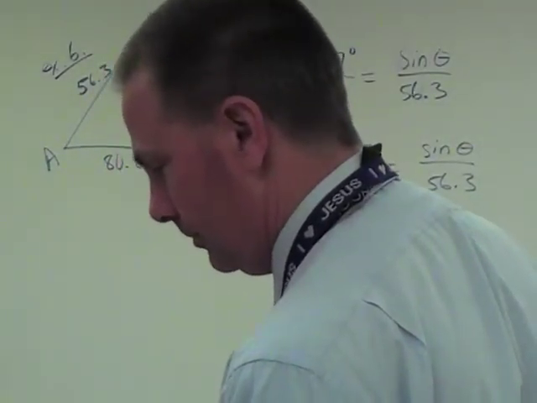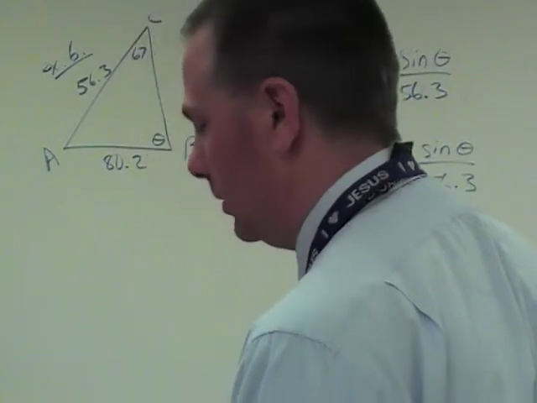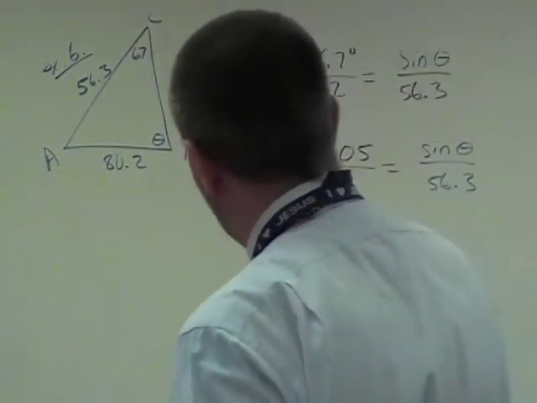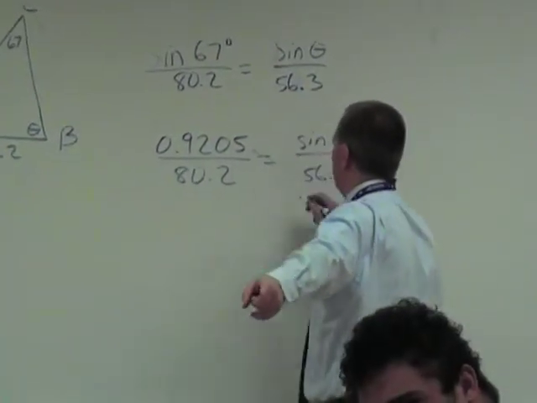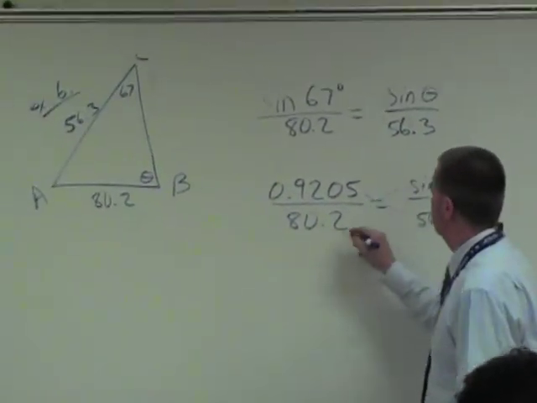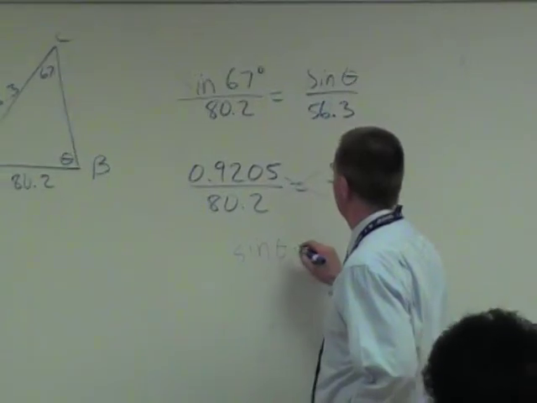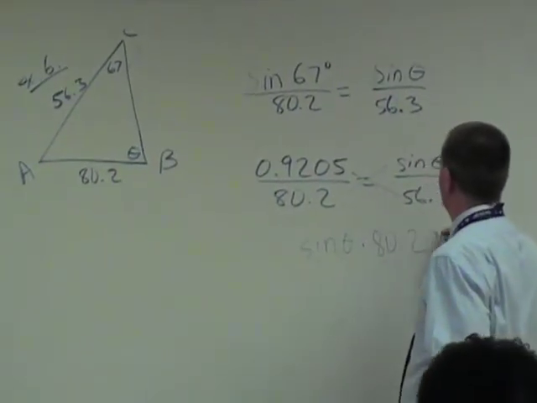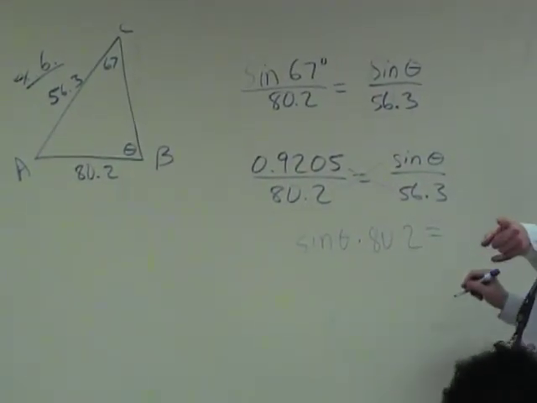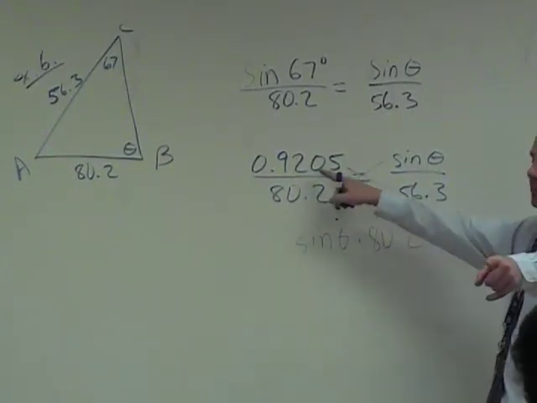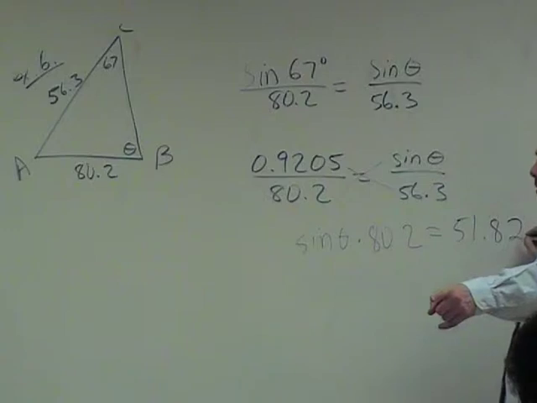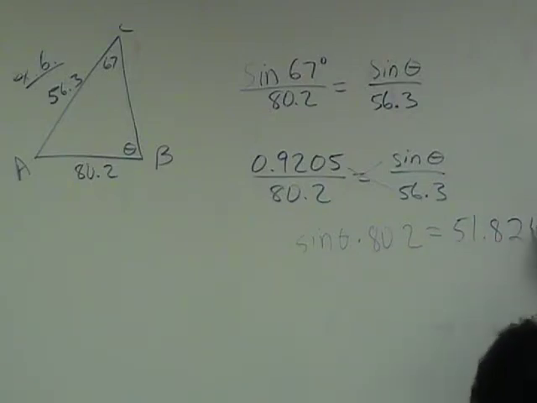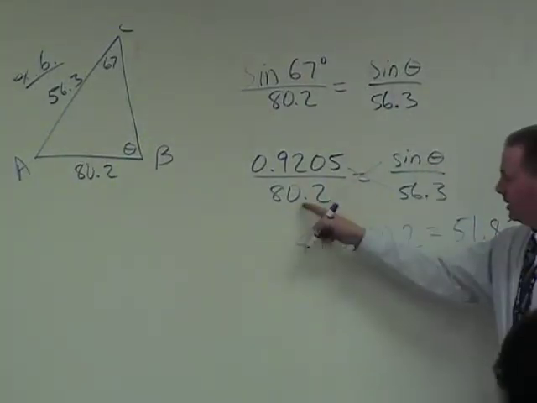Okay. All right, now you do cross multiplication. Tell me what that number times 56.3 is. 56.3 times this. What do you get? Okay, good enough. So sine of theta times 80.2.